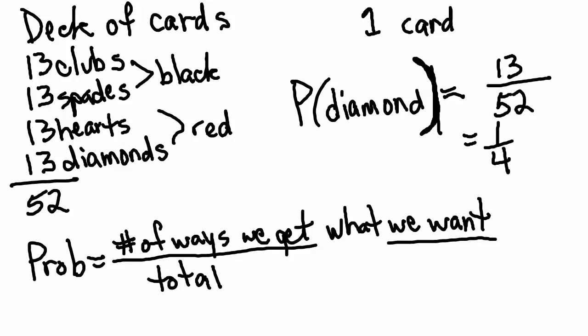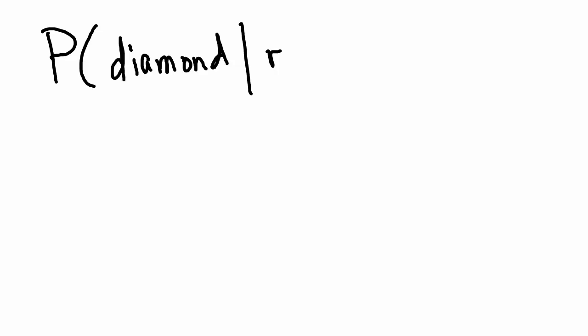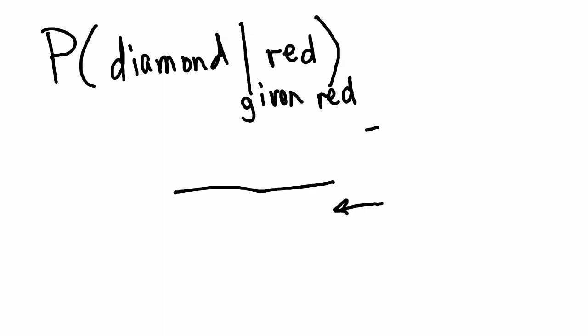But if you want to do the conditional probability, let's practice that. What's the probability that you get a diamond given that it's red? So we know it's red. So the number of red cards is your new total, has to be in the denominator.